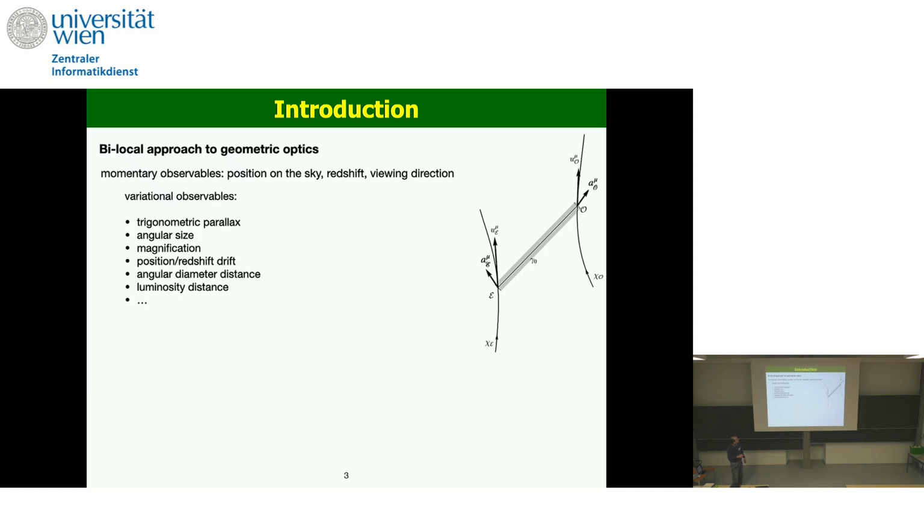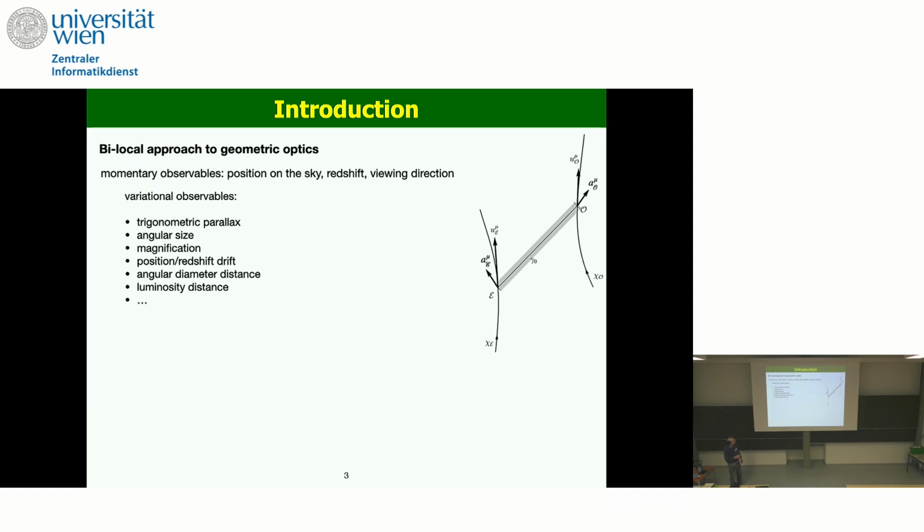Out of that, it's easy to construct what I would call the momentary observables, which is the position on the sky of the source as recorded by the observer in this particular moment, a kind of transverse vector orthogonal to the four-velocity here. You can define the redshift as the ratio of frequencies of waves or energy of photons emitted and observed.